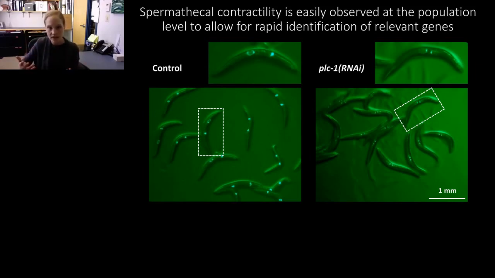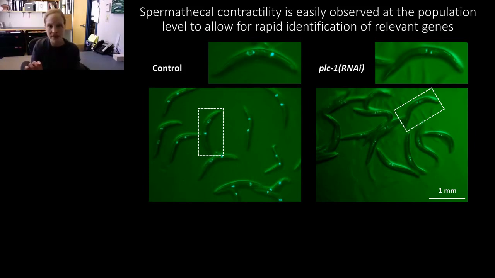So in wild-type animals, these animals are constantly ovulating. Each animal produces 300 offspring, and so over time, the spermatheca becomes occupied and then contracts, and becomes occupied and contracts. So if we take a snapshot and look at a whole population of animals, we see that a small fraction has an oocyte or an embryo in the spermatheca, so it has that rounded occupied conformation, whereas most of them are unoccupied because they're constantly contracting.